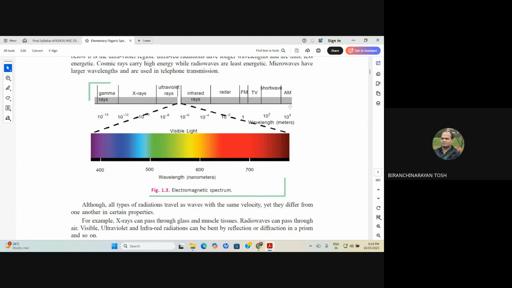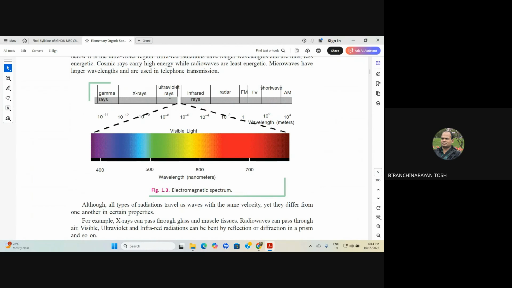So if you arrange the total range of electromagnetic radiation in order, what we get is the electromagnetic spectrum. With lower wavelength, we have gamma ray, then still higher, which is having 1 angstrom dimension, that is X-ray, then ultraviolet.